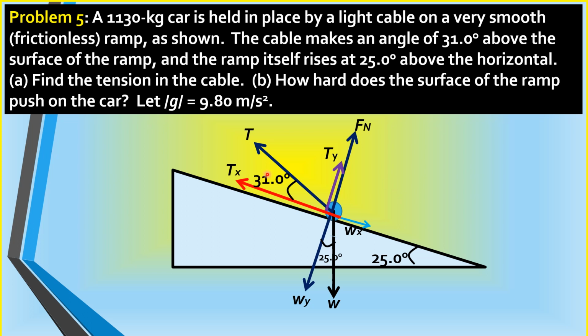First, we have the force capital T, which is the force exerted by the cable on the object, represented here by that dot. The force exerted by the cable on the car makes an angle of 31.0 degrees with the surface of the ramp.